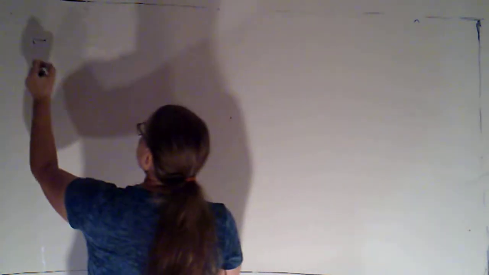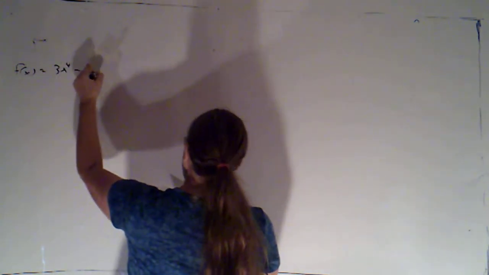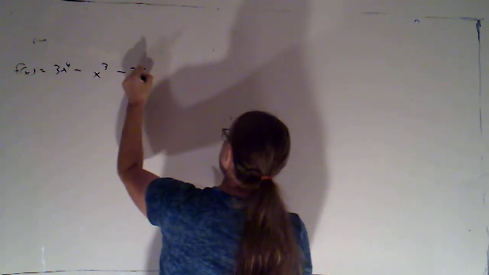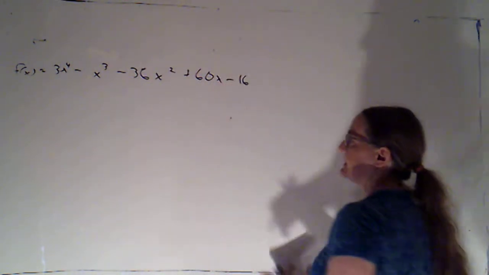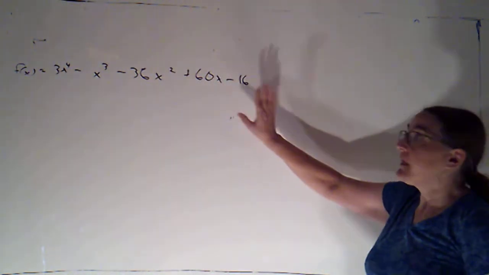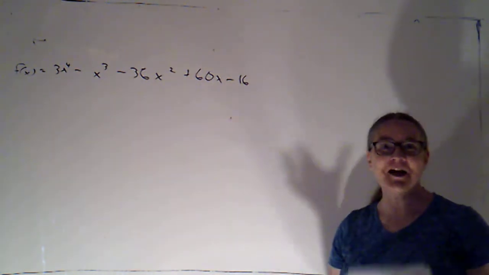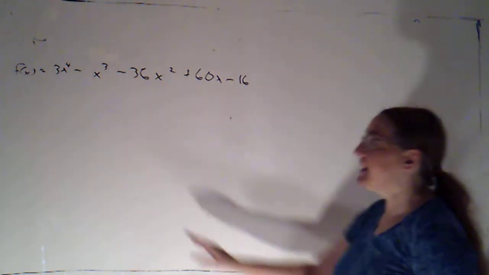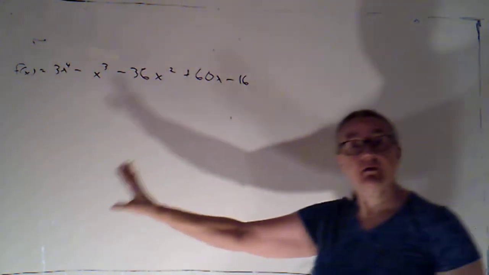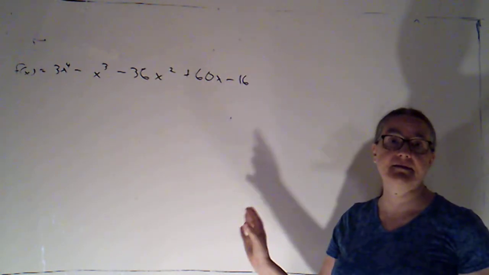So we started with f of x equal to 3x to the fourth minus x cubed minus 36x squared plus 60x minus 16. Now, that polynomial has complex coefficients. They all happen to be real, but remember, the real numbers are just a subset of the complex numbers. Its degree is 4, so the fundamental theorem applies. I know that this has at least one zero.